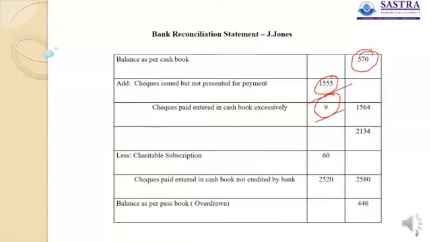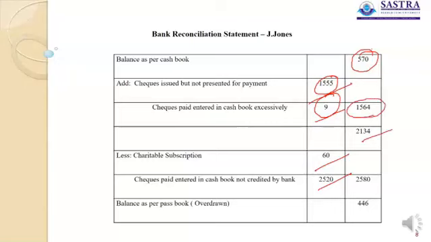So these are all taken. What we need is the passbook, so in the passbook column the symbols have been made according to which the transactions are taken now. The charitable subscription 60, checks paid entered in cash book not credited by bank. So with the 570 these are added.